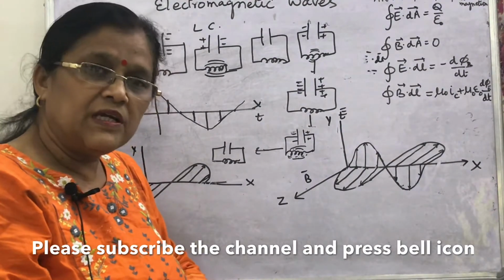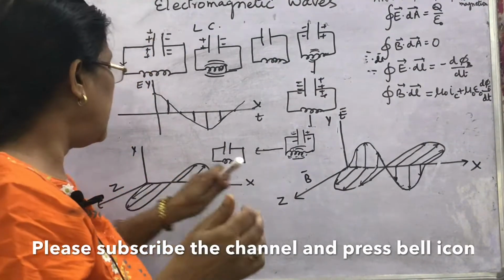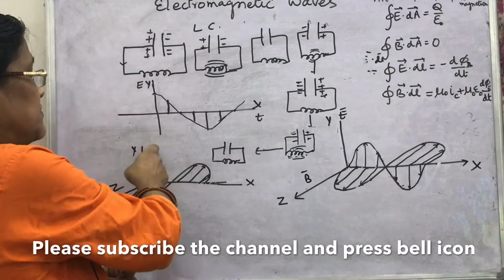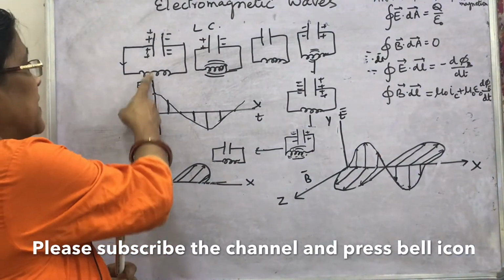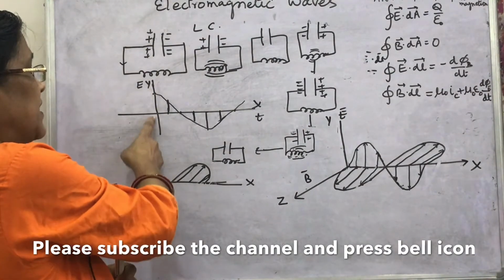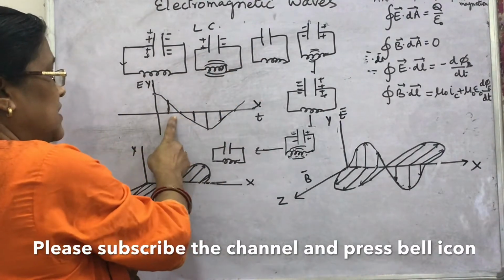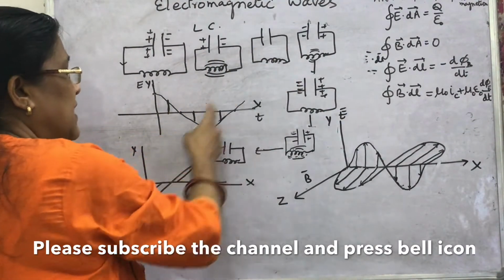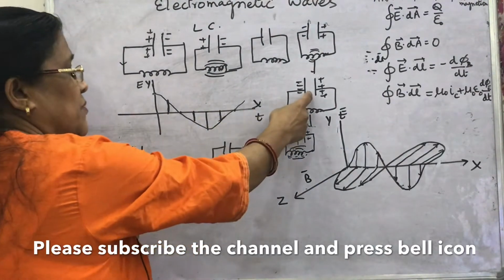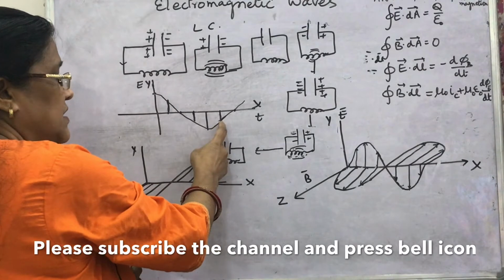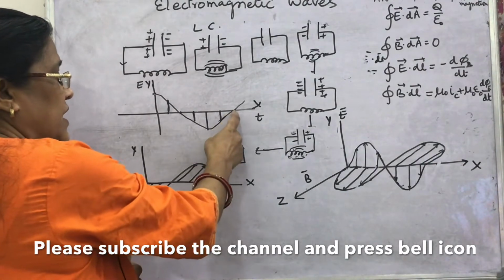It produces an electric field, as I told, and the electric field is shown here along the y axis. In the beginning, maximum charge gives maximum electric field, then lesser and lesser, then 0, then in the opposite direction lesser, then in the opposite direction maximum, and then again decreasing, 0, and it will rise again.